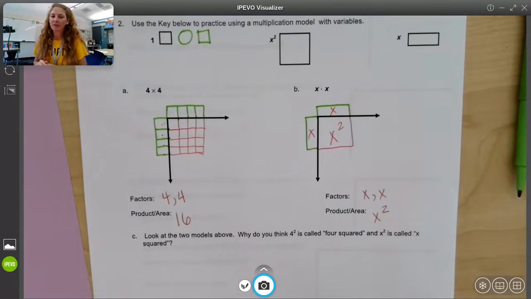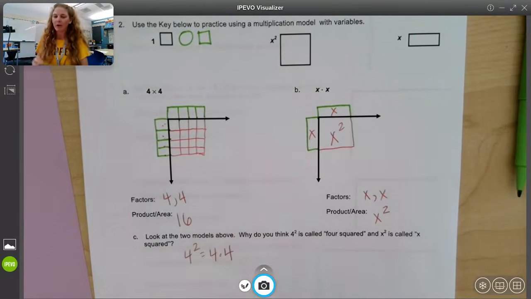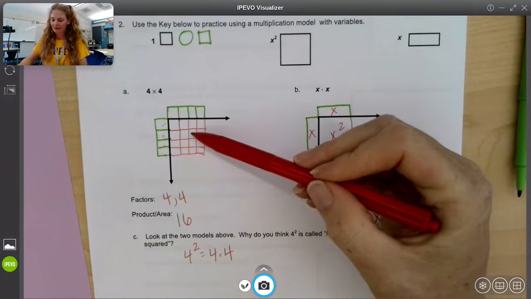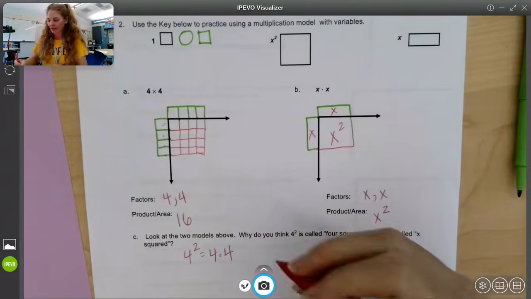So looking at our two models above, why do you think 4 squared is called 4 squared and x squared is called x squared? Well, that's because 4 squared is 4 times 4 and represents the dimensions of a square since they have equal sides.